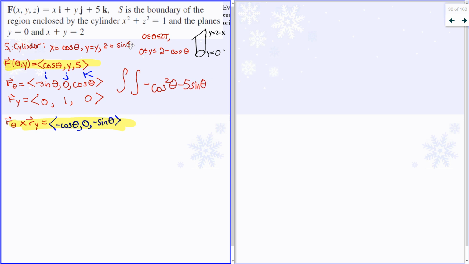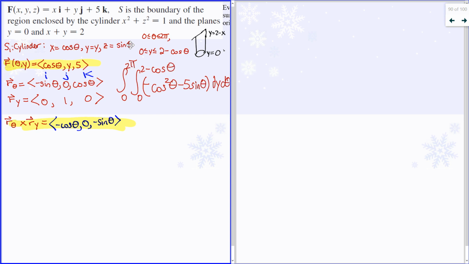Then I can factor it since we have no y's. Oh shoot, I can't. This I cannot separate out into two single integrals because you can only do that if the bounds are numeric, and these bounds are not numeric.